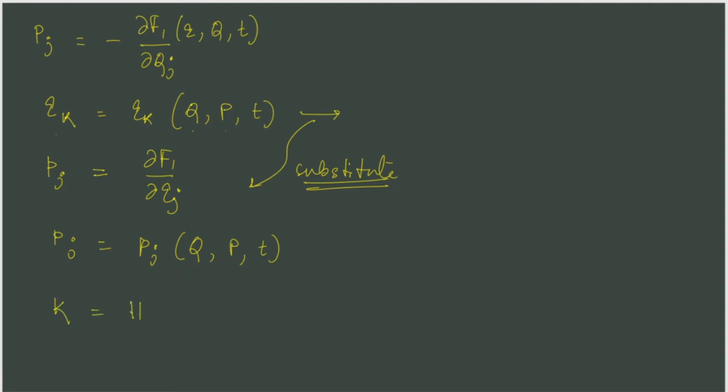K is H of the old coordinates, plus del f1 del t. Here too you have to substitute the small q and small p. You can do that, it's already done above. I mean, you know the expression in terms of the new coordinates. You substitute that, and here too f1 has the old coordinate, that too you can substitute. Then the entire right hand side would be in terms of the new coordinates, and that's it.